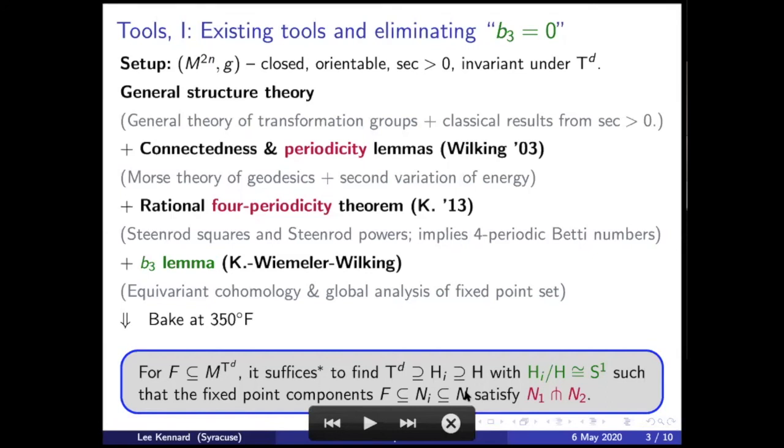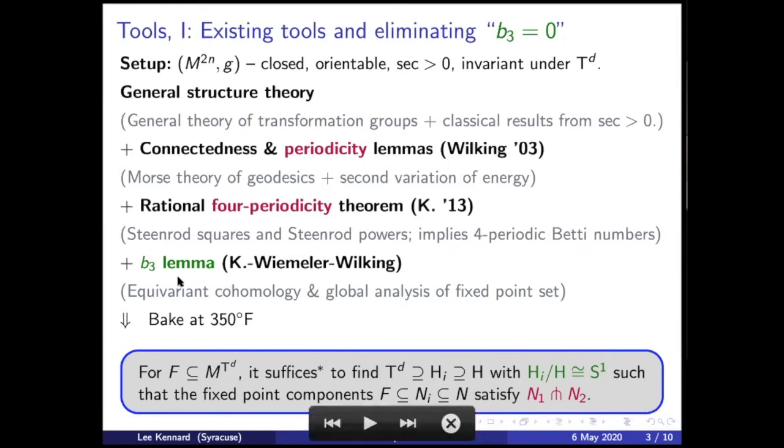You apply Poincare duality and combine that condition, and that gives you the periodicity lemma. This says that the cohomology of N is K-periodic, where K is the codimension of one of these submanifolds. The rational four periodicity theorem says, given K-periodic cohomology, you conclude four periodic rational cohomology for N.